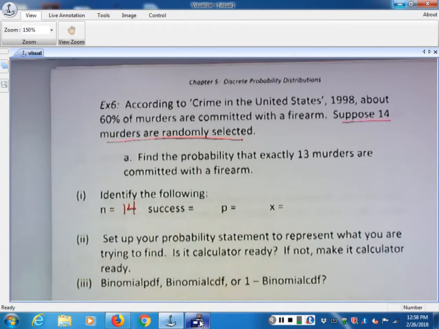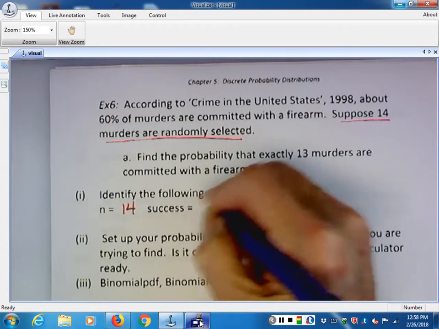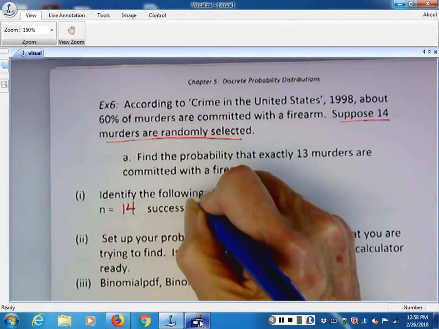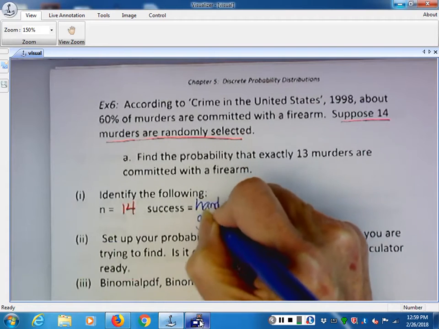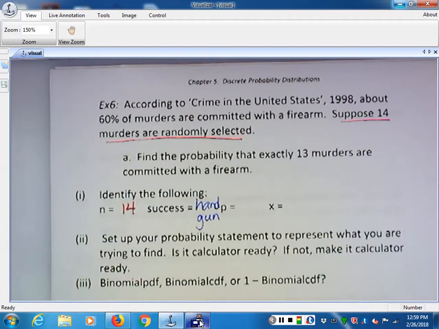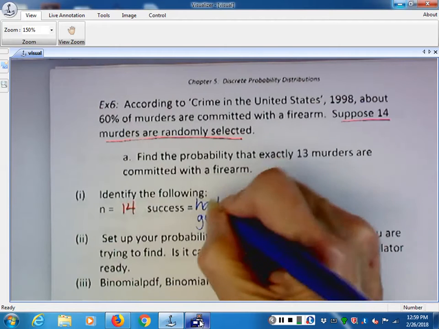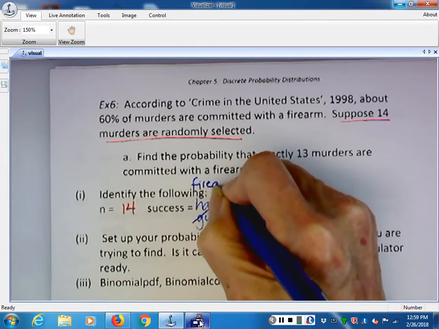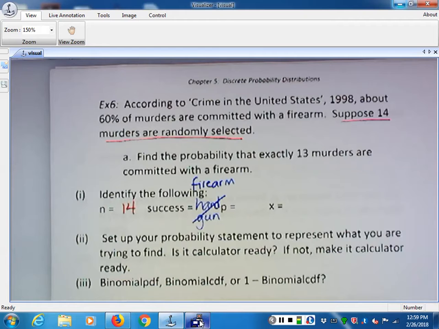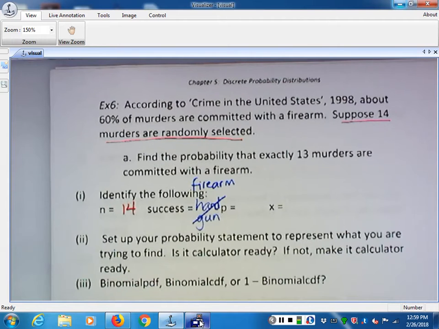Okay, so they were murdered with a handgun. Okay, or with a firearm. Yeah, a firearm. Which might not have been a handgun, it might have been a rifle. But it was some type of bullet that caused the problem.